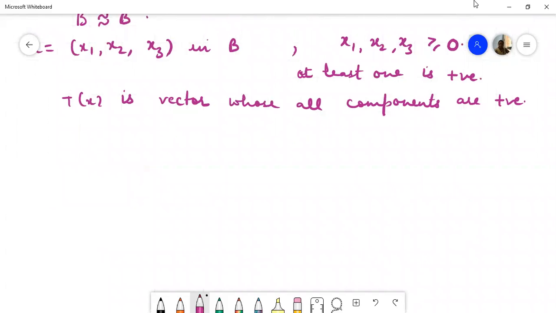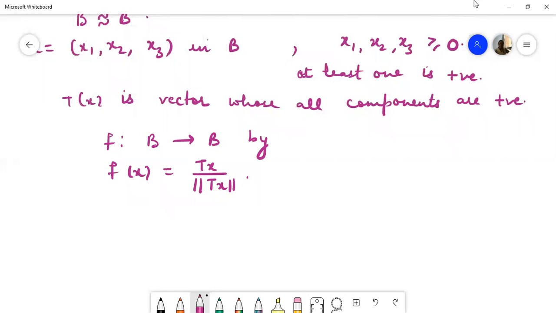So now if we define a mapping F from B to B by f(x) equal to Tx upon norm of Tx, then this will be a continuous map from B to B itself. Because if we take a point X in B, then all the components x1, x2, x3 are non-negative and at least one of them is positive, and Tx is a vector whose all components are positive. So the mapping Tx upon norm Tx is well defined.